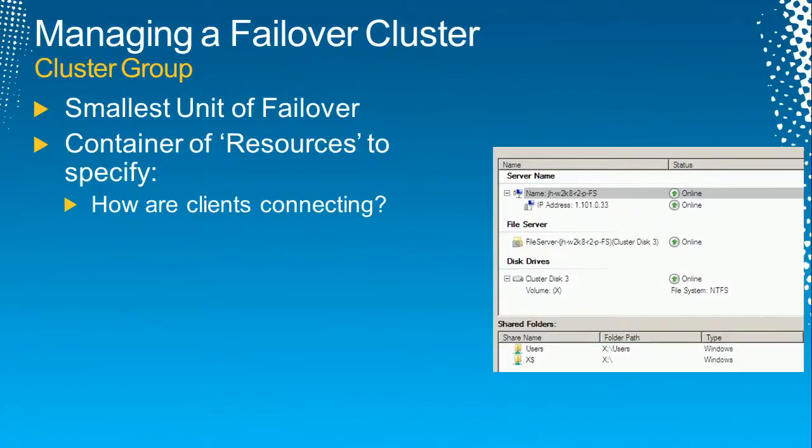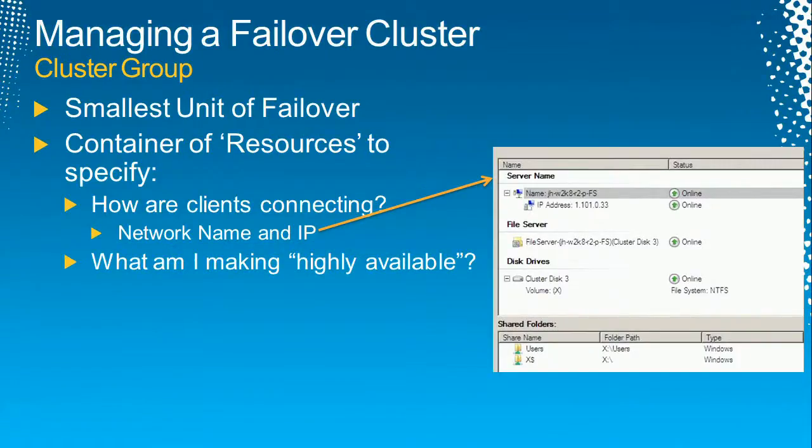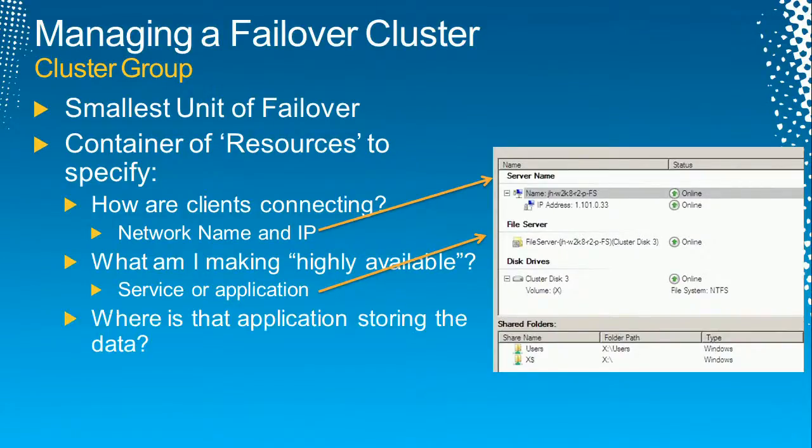Every one after that is going to be a new network name and IP pair that your clients are going to use to connect. And each group is going to have its own independent IP and name, just like how you would connect to a standalone server. So we have a network name and an IP, and what it is I'm making highly available. In this example, it's a file server. And where am I storing those file shares? I'm storing them on one of my cluster disks.